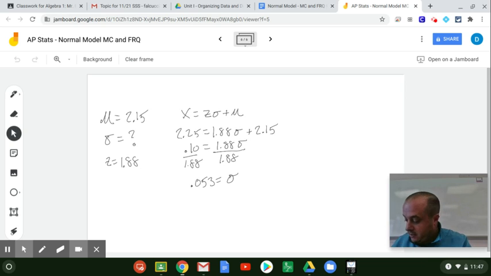So now again, we want context. We want to write out our answer according to the normal model.